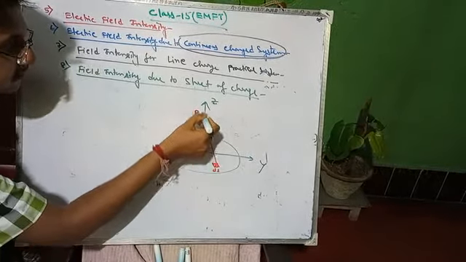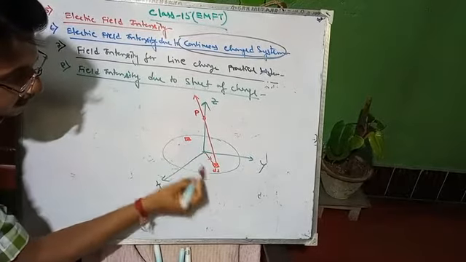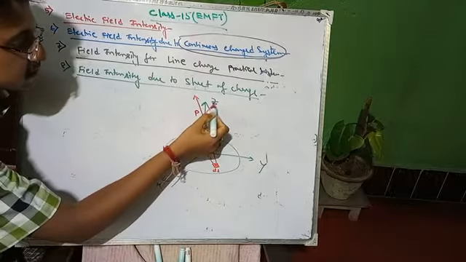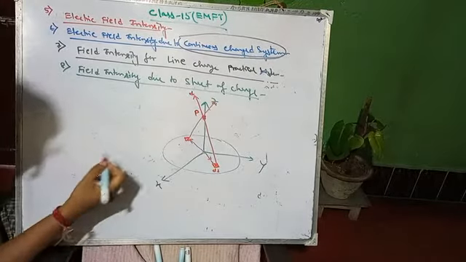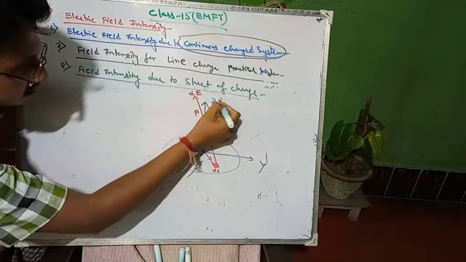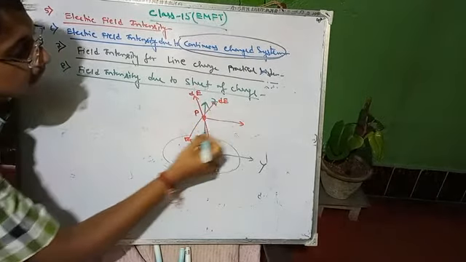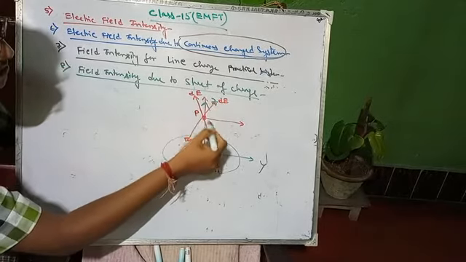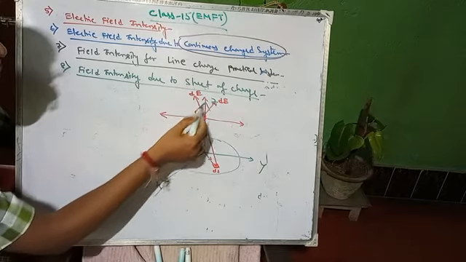So if we join them, then the intensity will look like this. Okay, and similarly if we again join this one, the intensity will look like this one. So this is suppose dE, and similarly it will also be dE, and it has two components. First one is in that direction, second one is in that direction, and similarly it also has two components, first one and second one.